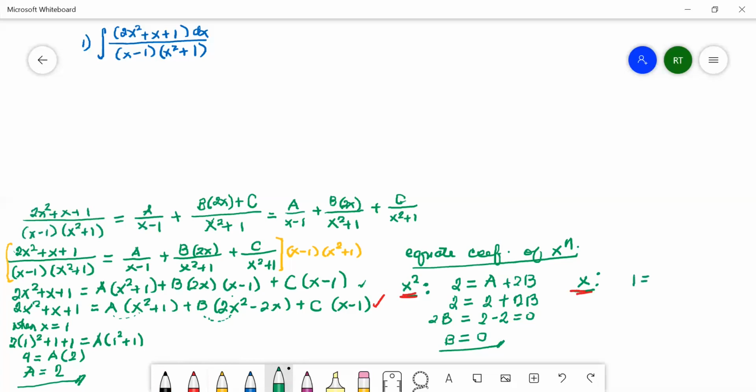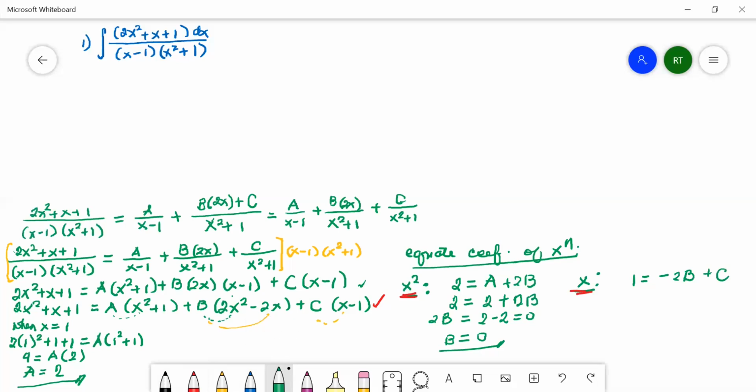On the right member, we have b times negative 2x, so that will give us negative 2bx. Therefore, the numerical coefficient is negative 2b. And we have here c times x, which is equal to cx, and the numerical coefficient is c.